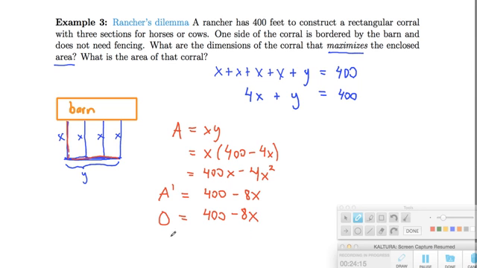If you take this equation, add 8x to both sides, and then divide both sides by 8, that should give you your x value. So what did we find? Well, we found that x equals 400 divided by 8, which is just 50, if you check that on your calculator or do it in your head.